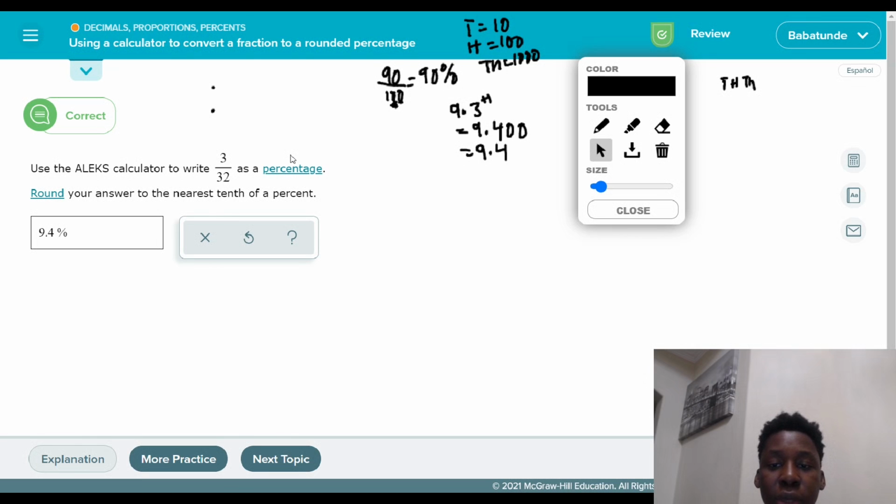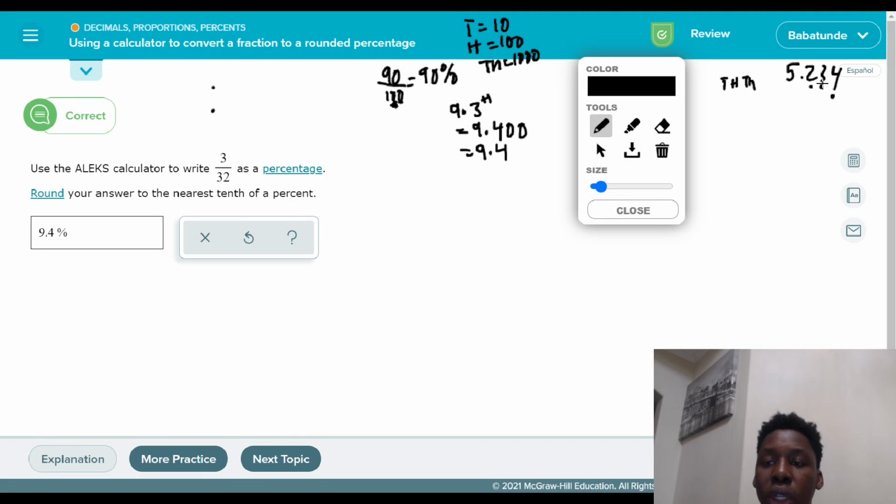The tenth is the number right behind the decimal point. Let's say we have 5.234. The tenth in this case is 2, the hundred is 3, and the 4 is the thousand. So we're working with the tenth, and we have to round it to the nearest number it can be.